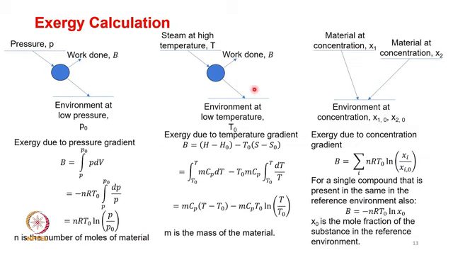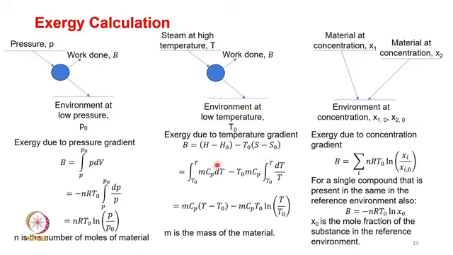Now look at the case wherein you have a higher temperature to a lower temperature. The steam is at the higher temperature, you get your work done, and then the environment is at the lower temperature. So exergy due to the temperature gradient is H minus H naught minus T naught into (S minus S naught).